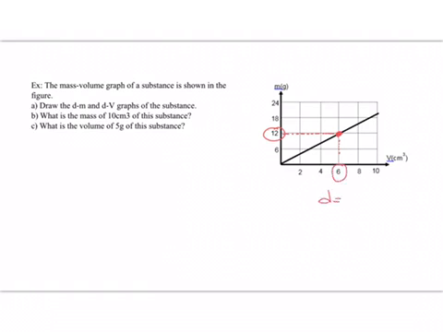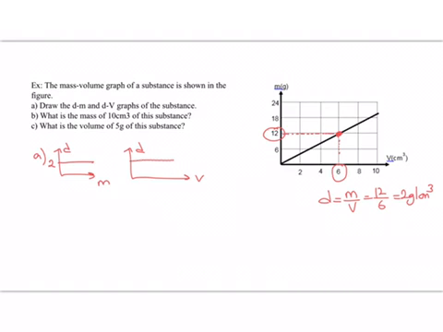So the density, from mass per volume, is 12 over 6, 2 grams per centimeter cube. So the density-mass graph will be like this, with a value of 2, and the density-volume graph will be like this, with a value of 2.